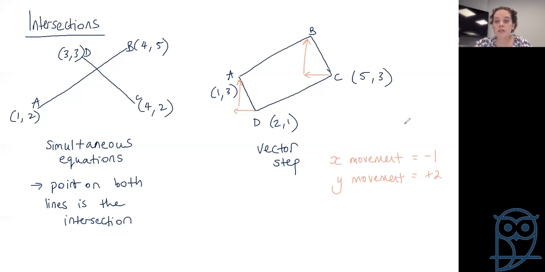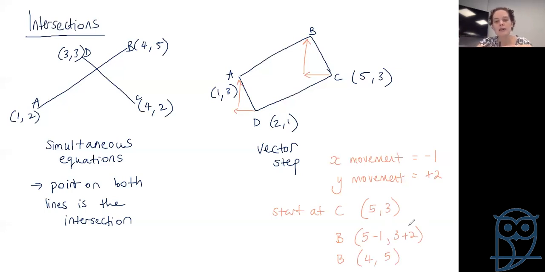So if we then starting at C, which is 5, 3, B would be 5 minus 1, 3 plus 2, which gives us, B is 4, 5. Done.